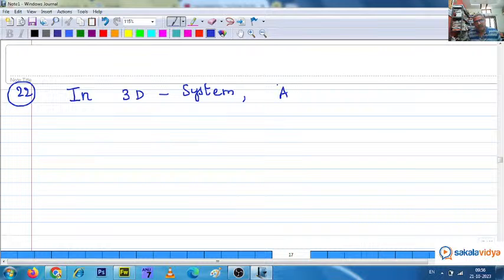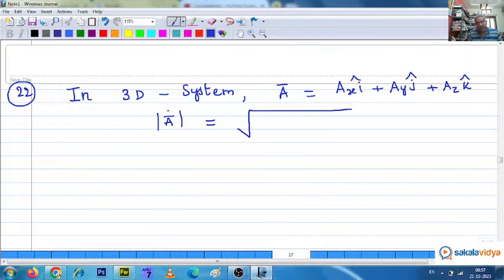So A bar is equal to Ax i plus Ay j plus Az k. Here mod A is equal to under root of Ax square plus Ay square plus Az square. Clear?